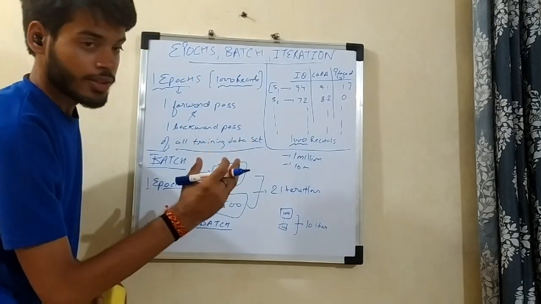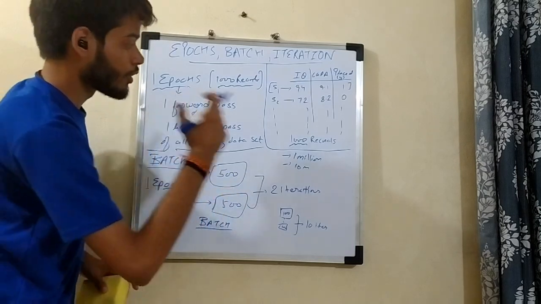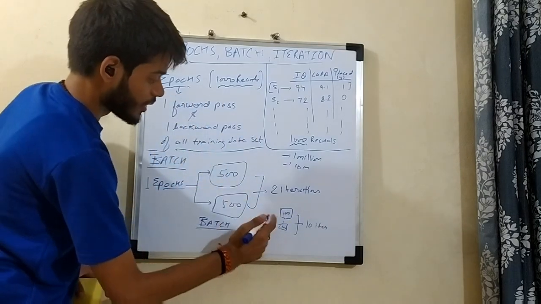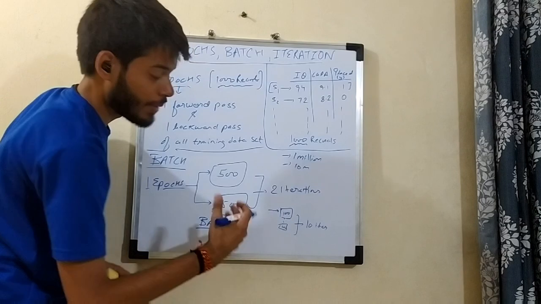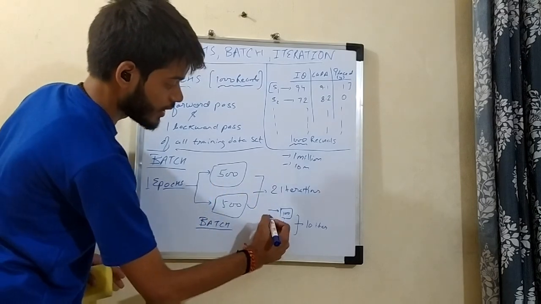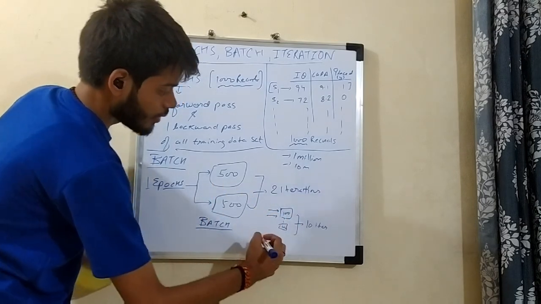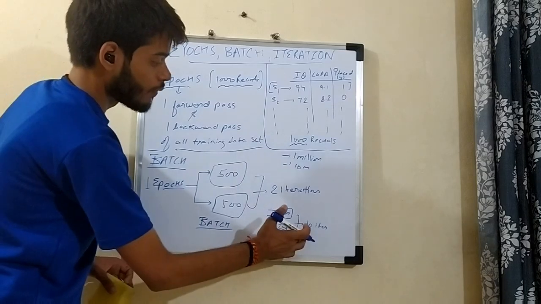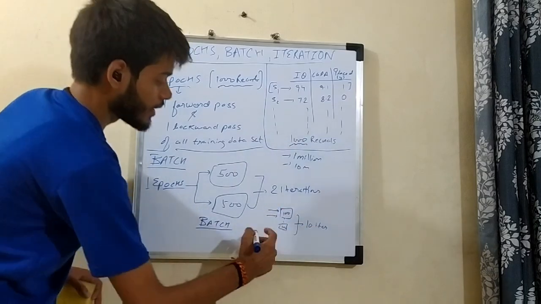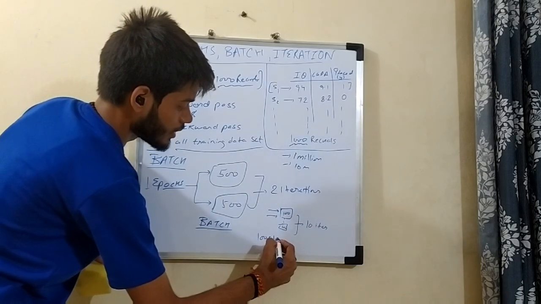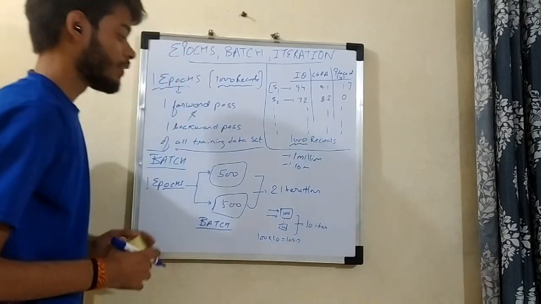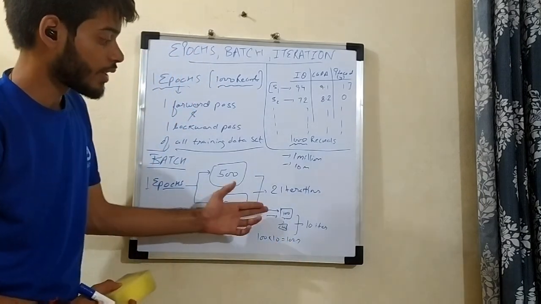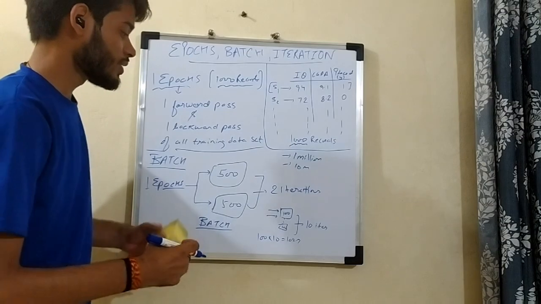Because 10 times our algorithm has to go through this. First the first batch of 100 will be performed, and then the second, and so on. If you are confused about where these 10 iterations come from, 100 into 10 is 1000. So for covering 1000, we have packets of 100. So this is iteration.